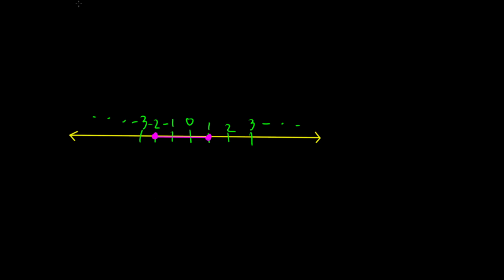Okay, so back to our number line example. Here it's closed, [-2, 1].